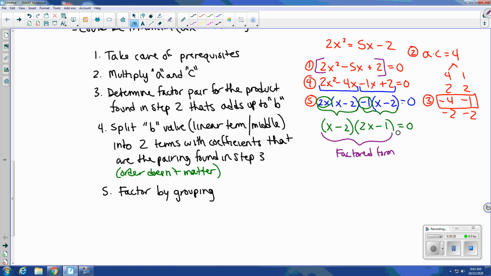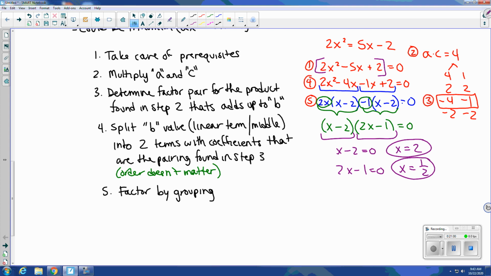But also, what does this do for us in terms of solving? Well, again, I have the product of two things equaling 0. And by zero product property, if I have two things that are multiplied together that equal 0, it is possible that either one or both of them could be 0 in order for that to happen. So I set both terms equal to 0 and solve each term to find the solutions to the quadratic. 2 and 1/2.